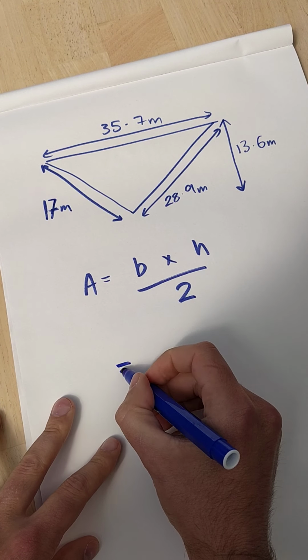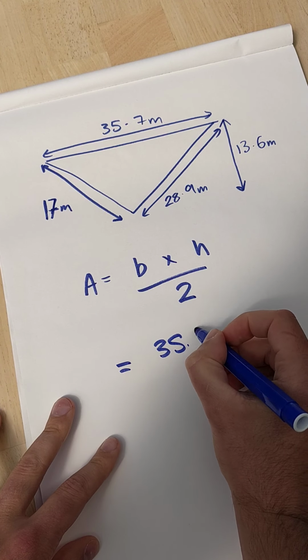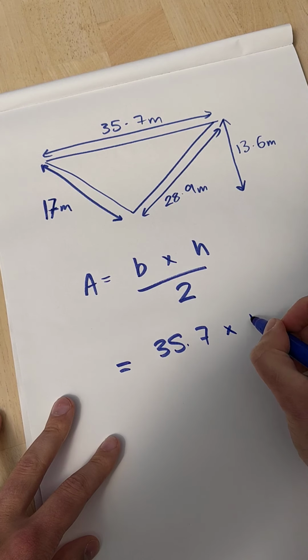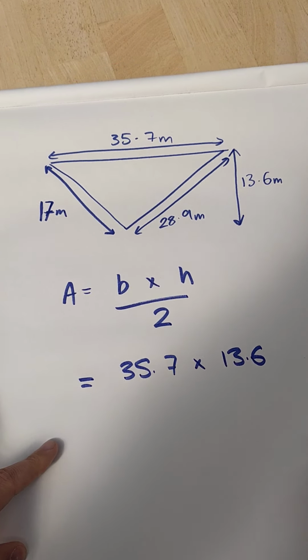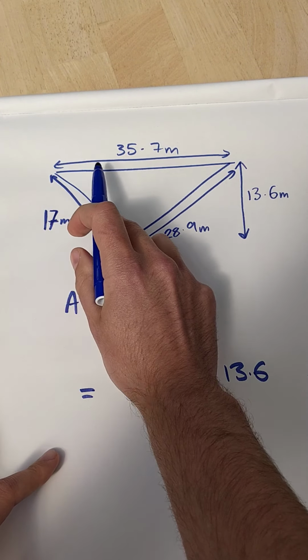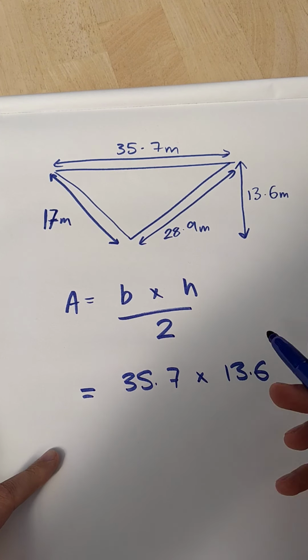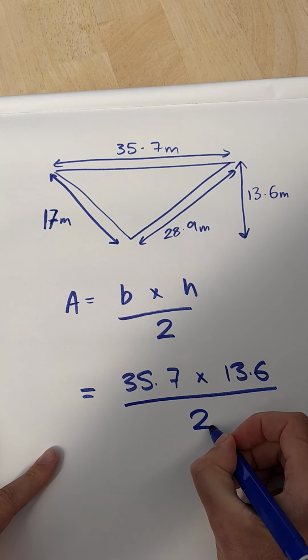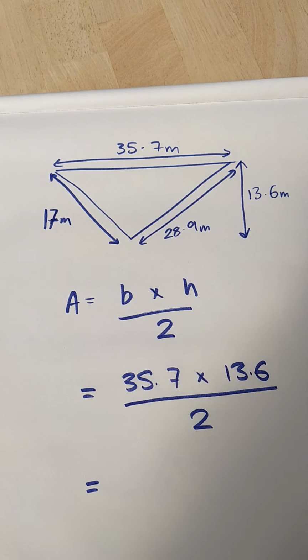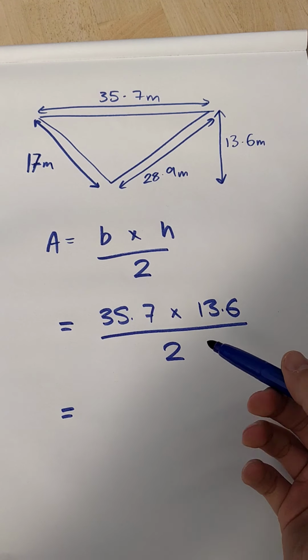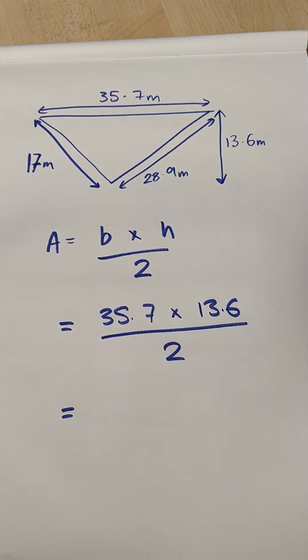So what we would do is 35.7 times 13.6. Okay, just flipping the triangle, that is a base, that is a height, and then dividing that by 2. Now, I wouldn't expect you to do something like this without a calculator.